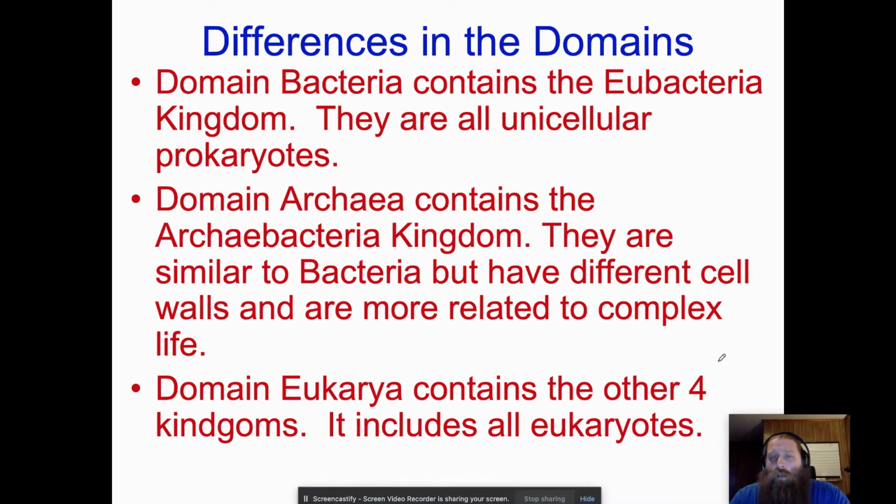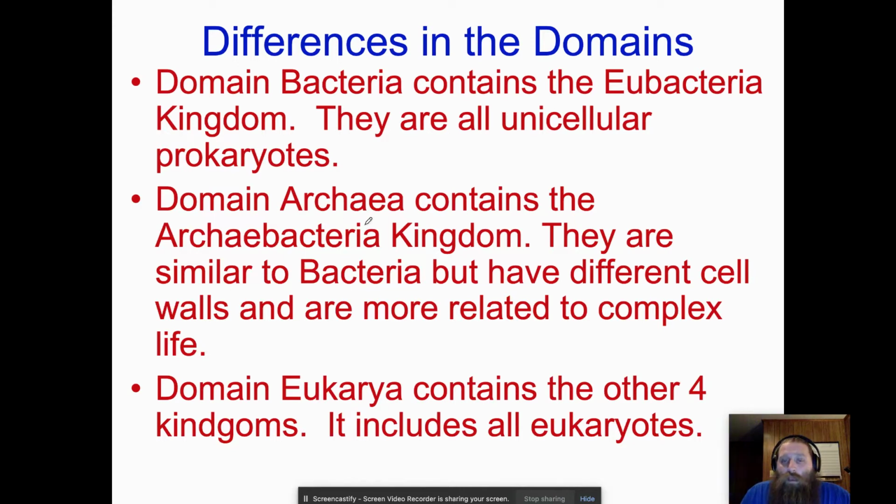The bacteria domain has the Eubacteria kingdom underneath of it. Eu means true, just like eukaryote. So all of the true bacteria fall under the domain bacteria. All of your unicellular prokaryotes are eubacteria.